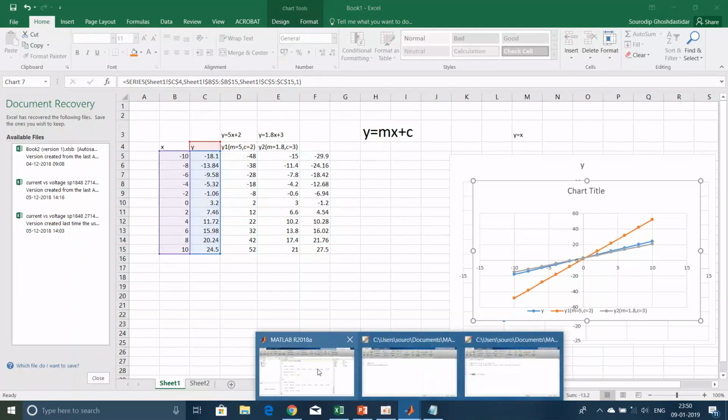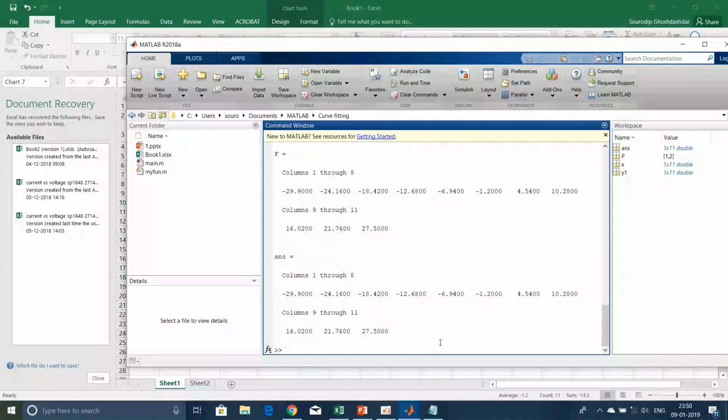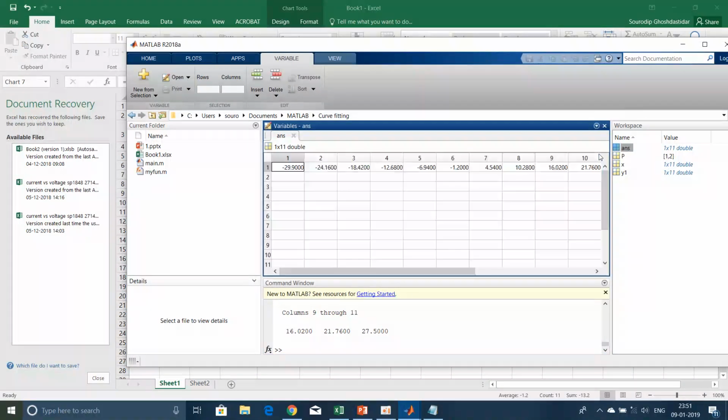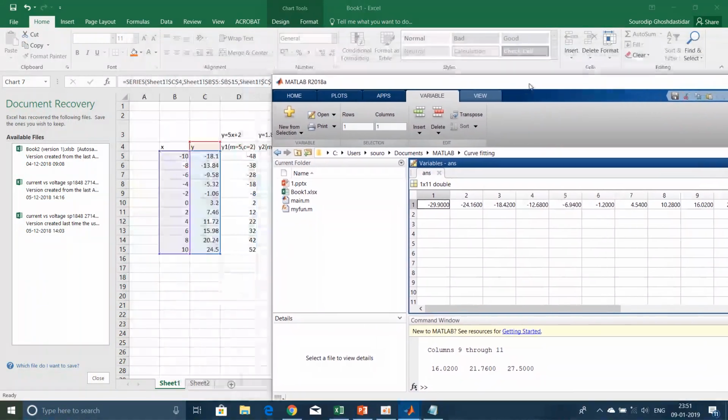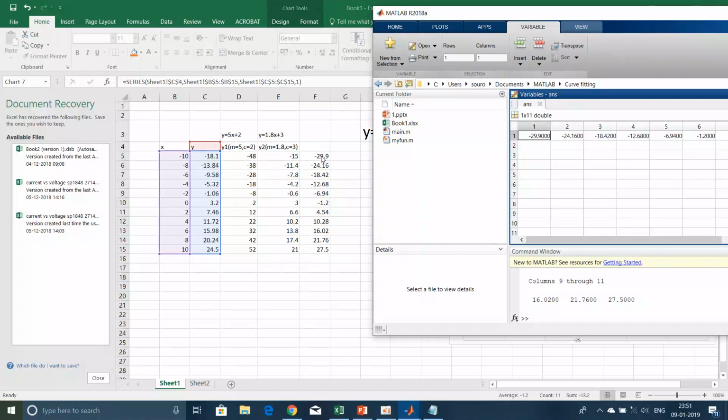Let's try calling the function myFun with m is equal to 5 and c is equal to 2. What would the output be? As you can see, the output is minus 29.9. So you see here minus 29.9, minus 29.9, minus 24.16, minus 24.16, minus 18.42, minus 18.42.